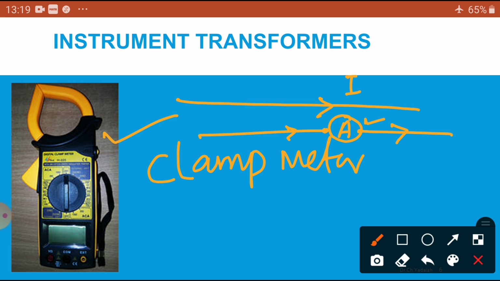If I use this clamp meter, simply without cutting, placed just like here, then automatically it will give the current flowing in the conductor, indicated in digital mode or analog or digital. So this is nothing but the clamp meter induction principle. Generally you might observe it in our laboratory.